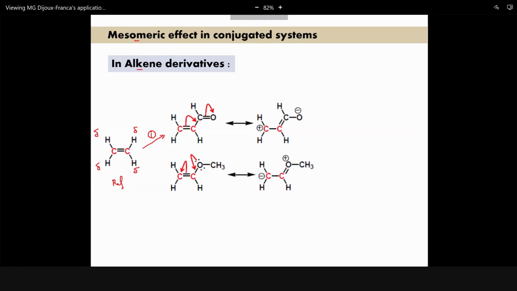We have a withdrawing effect of the oxygen because of the difference of electronegativity. And this withdrawing effect is conjugated to the double bond. So we will have a movement like that from the oxygen until the carbon at the end of the molecule. So the electrons that are here on the chemical bond will go to the carbon, which means that here the electronic density will decrease.